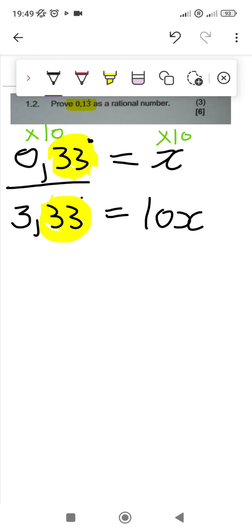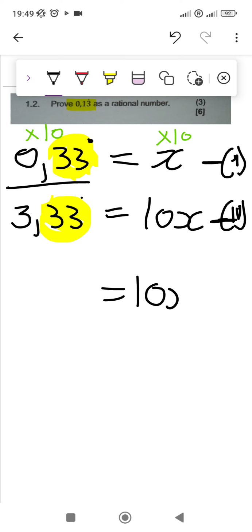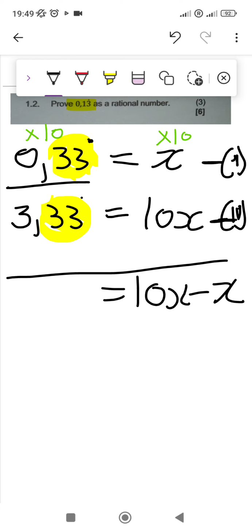Let's take this one over here, let's call this one number 2, and we're going to subtract this one over here, let's call this one number 1. So we're going to subtract number 1 from number 2. We are going to say the 10x minus the 1x. On the other side we are going to say the 3,3 3 minus the 0,3 3.